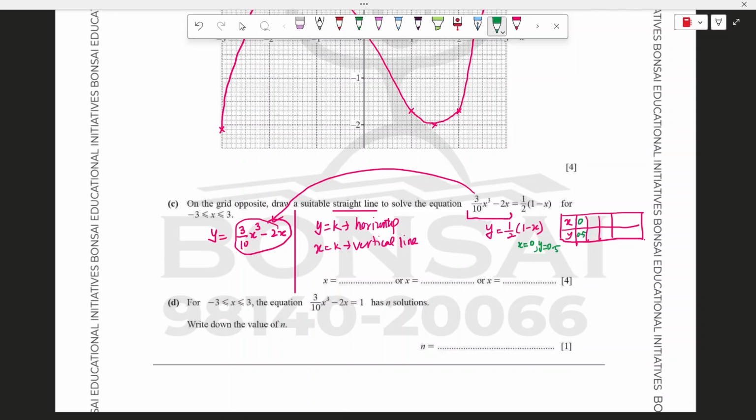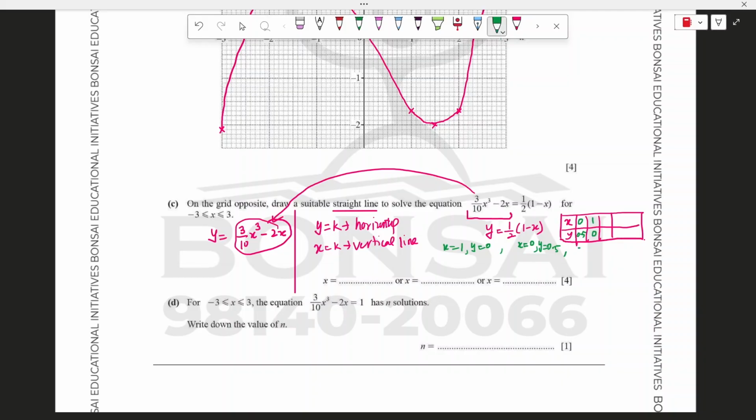The second value we can take is x equals 1. If we take x equals 1, 1 minus 1 is 0, and 0 times half is 0, so y is 0. And we can find a third value to make ourselves very sure.